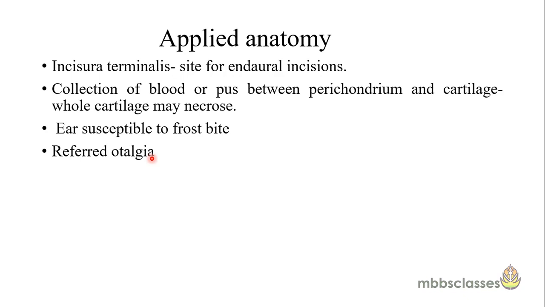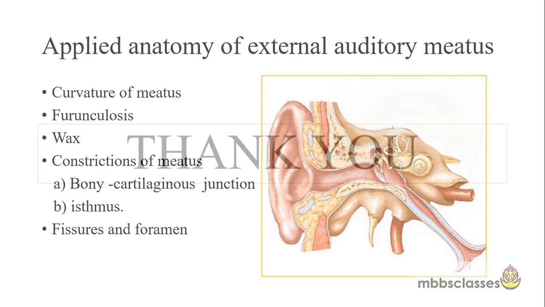So if a patient has ear pain and the ear examination is normal, then we have to look for conditions in organs with similar nerve innervation to rule out the primary cause.